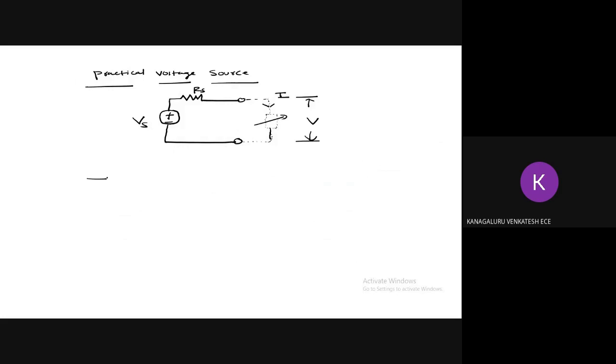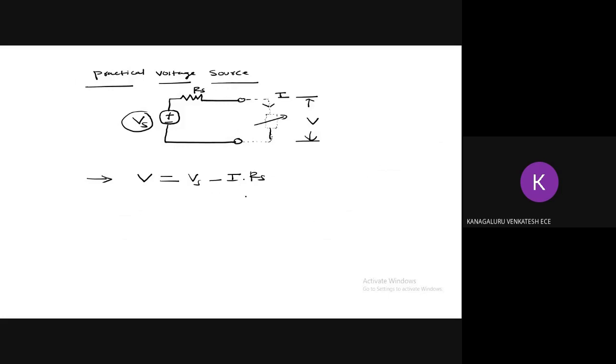Therefore, this can be represented mathematically. The load voltage V is equal to the source voltage minus the load current multiplied by the resistance Rs, V = Vs - I Rs, because we have internal resistance Rs here.